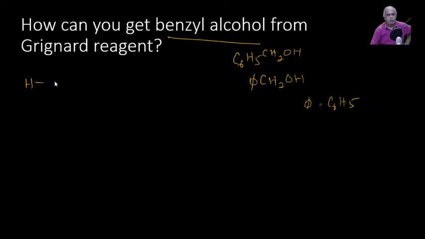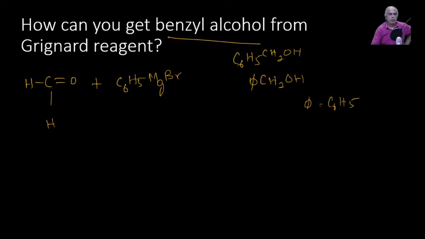Now you have H-CH double bond O. And here, instead of RMgBr, you have to take C6H5MgBr, that is phenyl magnesium bromide.